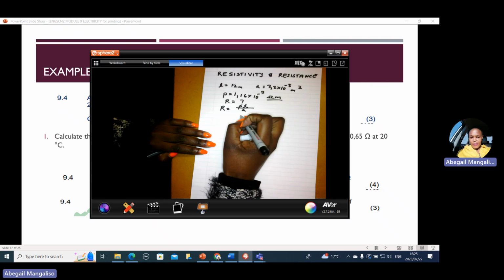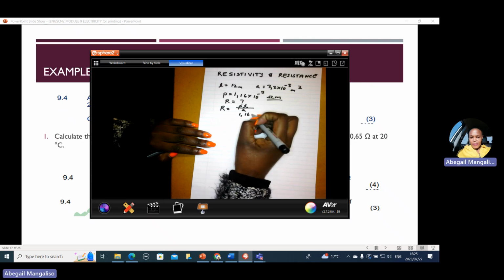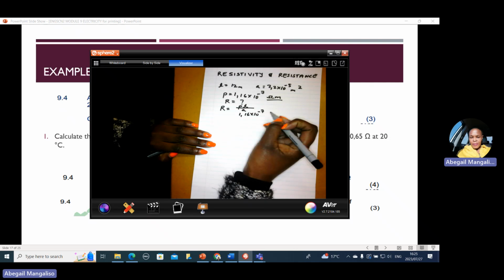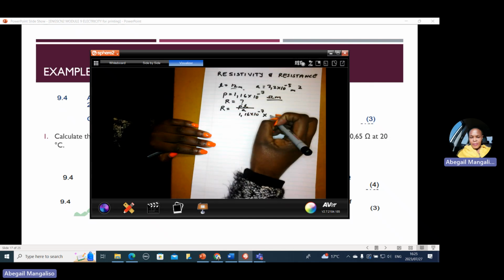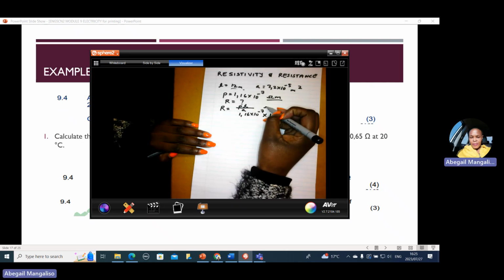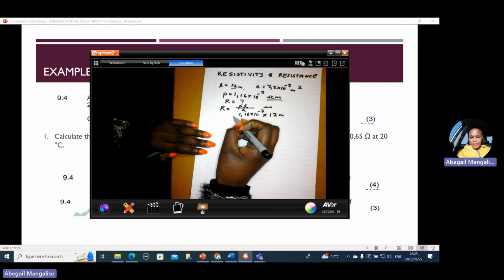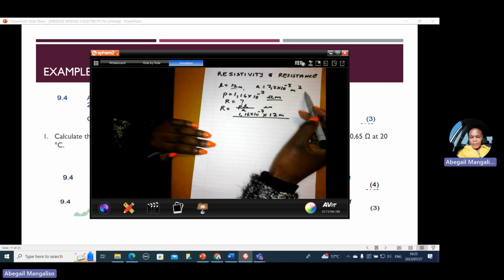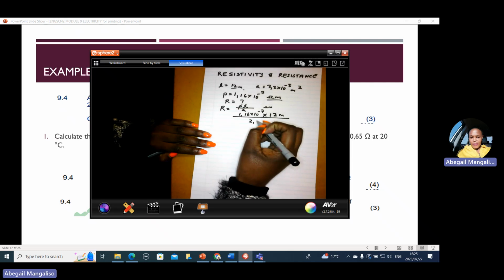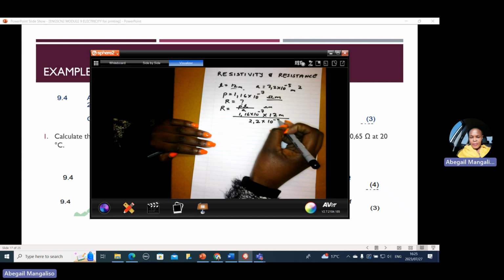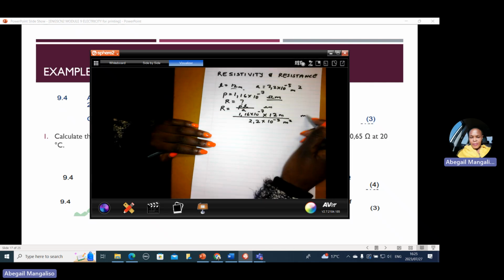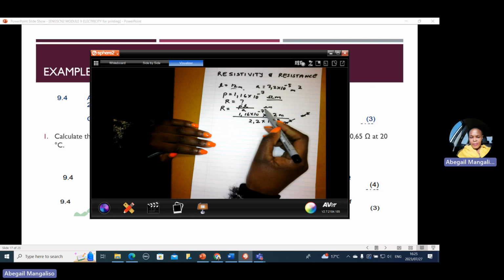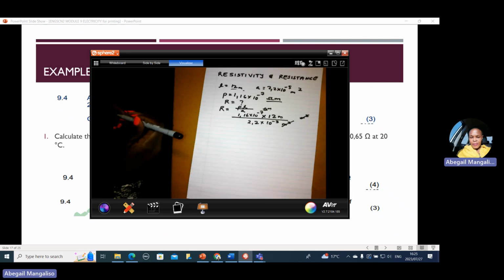So resistivity is 1.16 times 10 to the power negative 7 ohm meter, multiplied by the length, which is correct, 12 meters, divided by the area, which must be in square meters, 2.2 times 10 to the power negative 5 square meters. The meters give a square meter, which cancels the square meter, and we are left with ohm, the SI unit of resistance.